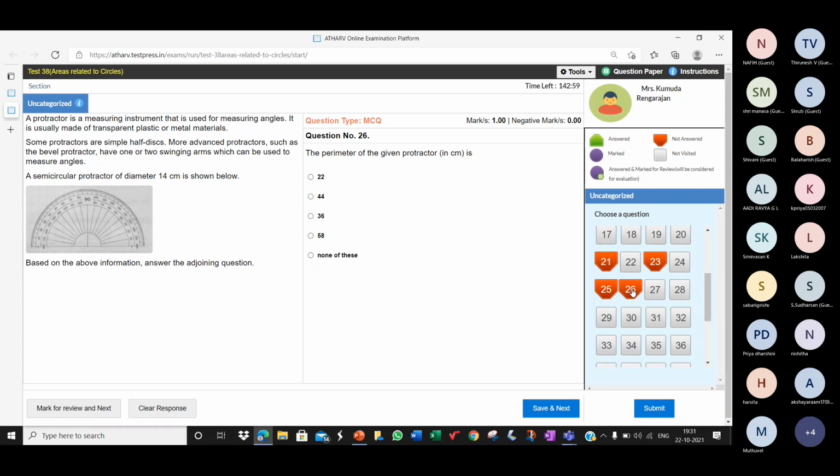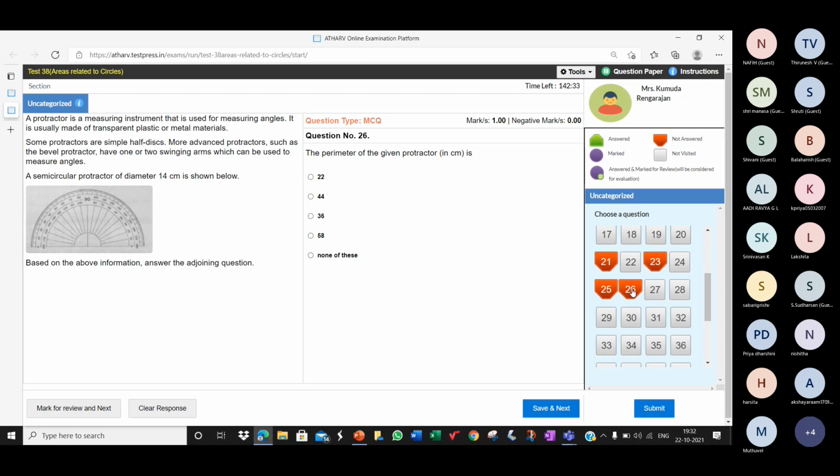A semicircular protractor is what is shown below. We are not discussing how a bevel protractor looks because the question is regarding a semicircular protractor of diameter 14 centimeters.